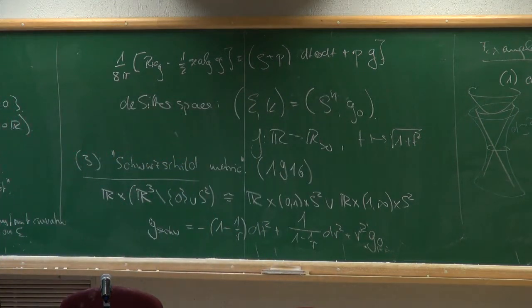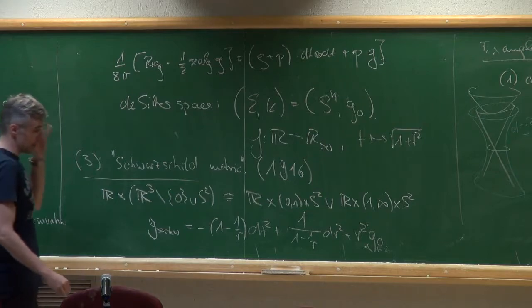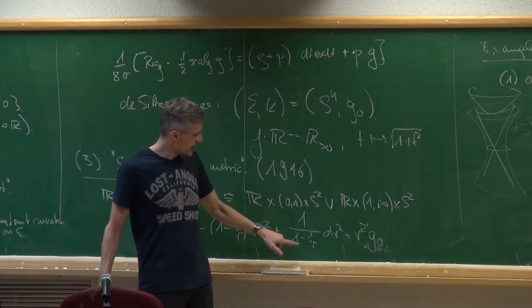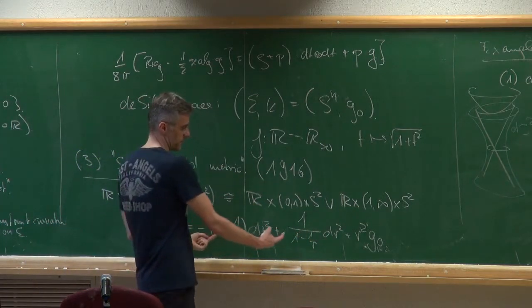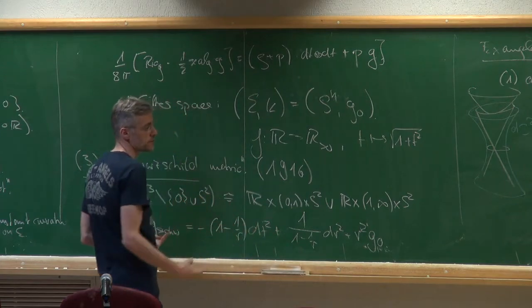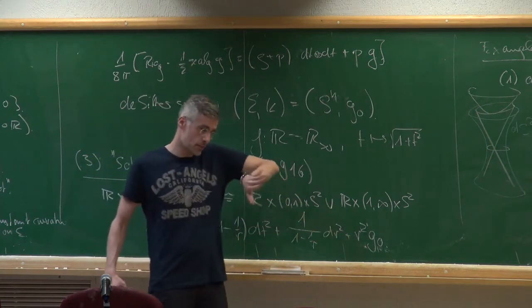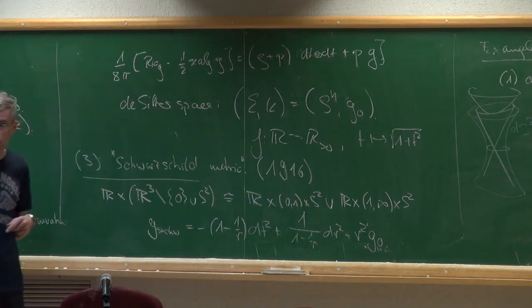So basically what the Schwarzschild metric does is it rescales time and radius with the inverses of one function, and the rest, the radial part, looks like a Euclidean space.